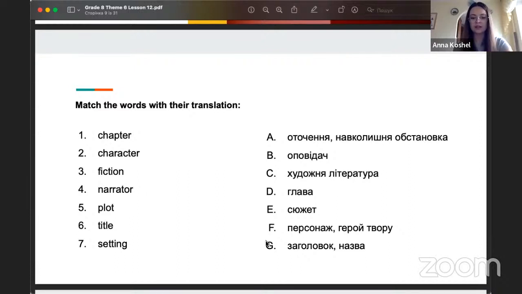A chapter is a part of the book. Usually it has its own title, its own name. Every book consists of some parts. Кожна книжка складається з певних частин. How do we name them? How do we call them?